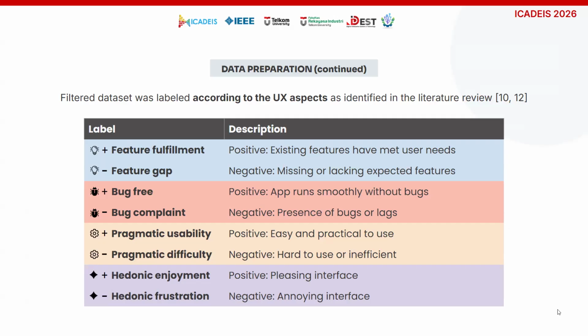And we also have bug-free, bug complaint, and then pragmatic UX, which talks about the application being easy and practical to use. On the other hand, we also have the pragmatic difficulty label, which talks about it being hard to use. And lastly, we have hedonic UX, which talks about the application's pleasant user interface, and on the contrary, we have the negative one, which talks about an unpleasant interface.